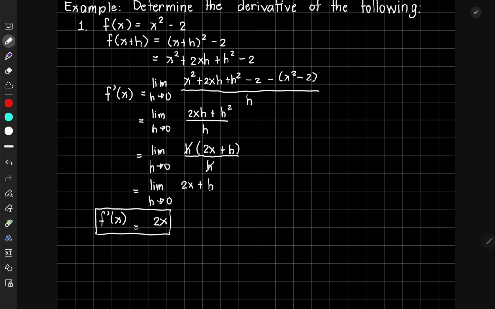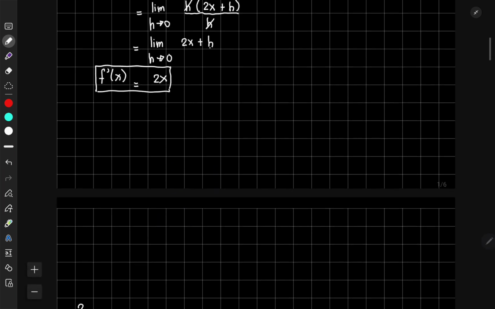And that is also the formula ng ating slope of the tangent. So kung meron kang i-input na points, like your point would be 1, 0 or anything, basta value ng x, dito makakakuha ka ng isa pang point or yung slope natin. So substituting that.